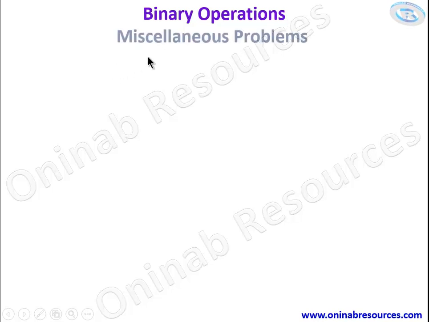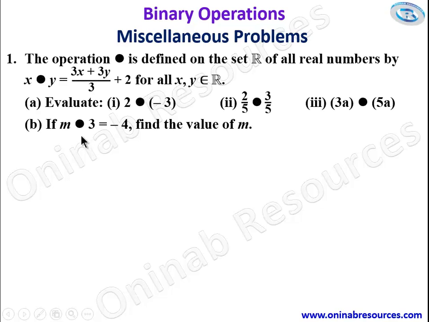In this video, we'll be looking at some miscellaneous problems. We start with problem 1. The operation dot is defined on the set R of all real numbers by x dot y is equal to (3x plus 3y) all over 3, plus 2, for all x, y in R. A. Evaluate 2 operation negative 3, 2 over 5 operation 3 over 5, and 3a operation 5a.